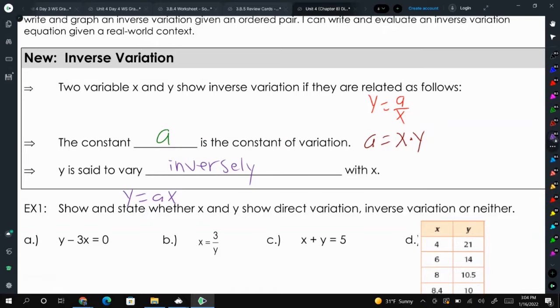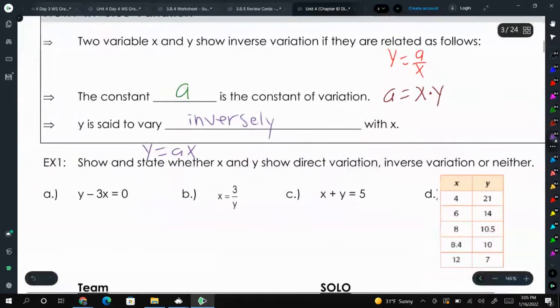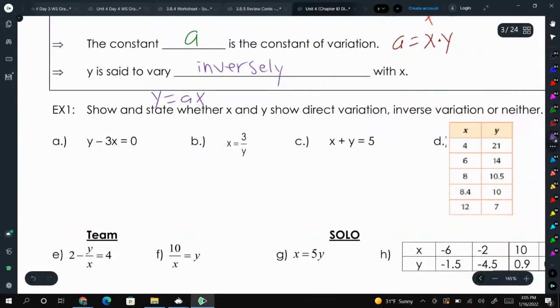So example number 1 is asking us to determine whether these are direct variation, inverse variation, or neither. So we need to get y by itself. If we add 3x to both sides, we get y equals 3x. So a is 3, which means this is direct variation.